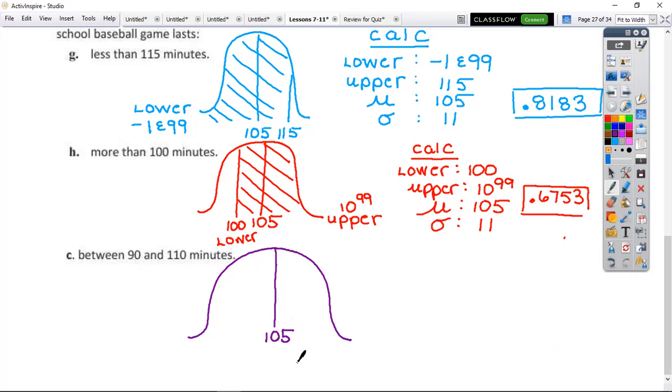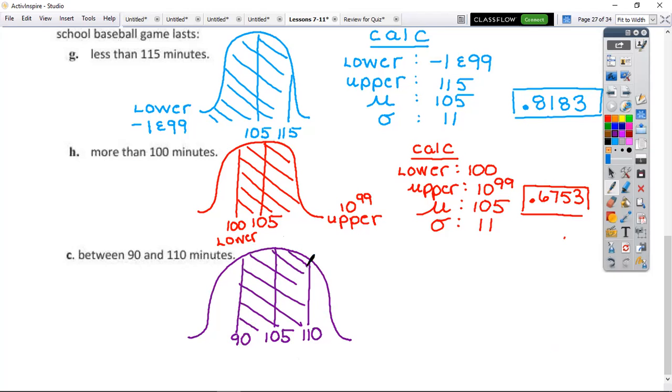So I'm going to be between 90 and 110, and I'm going to shade in between these. And that is my area under the curve that I'm going to calculate with the normal CDF.